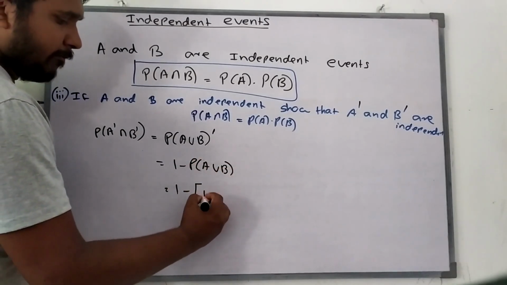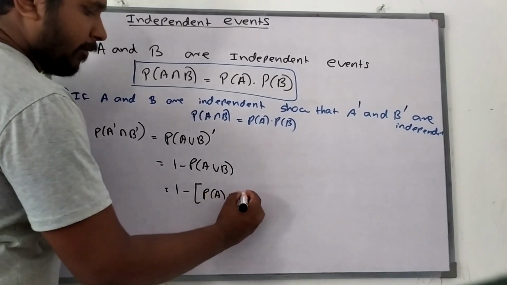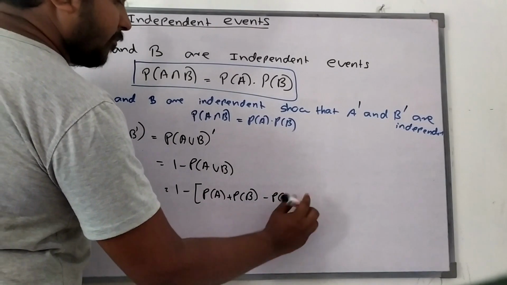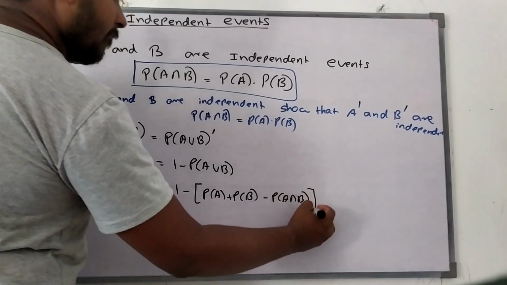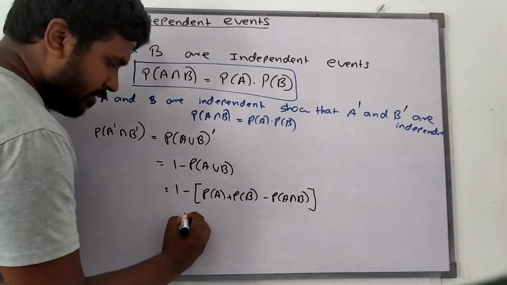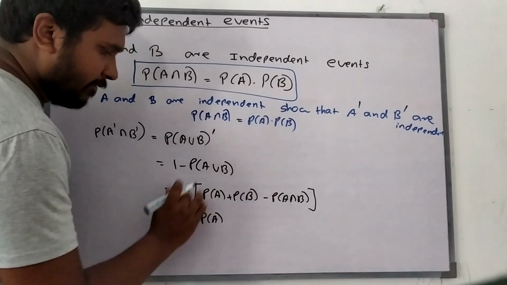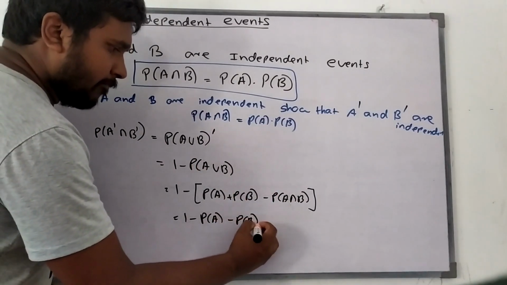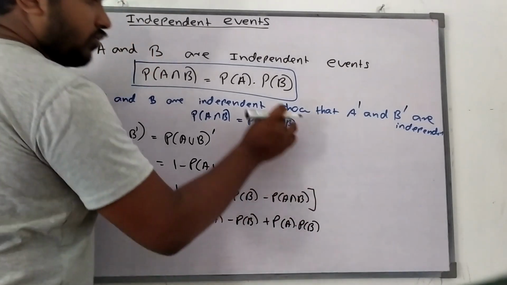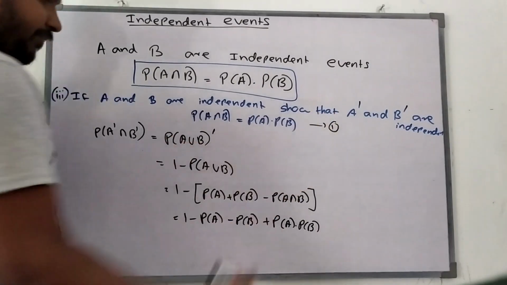P(A union B) means P(A) plus P(B) minus P(A intersection B). So this is 1 minus P(A) minus P(B) plus P(A) into P(B), using equation number 1.